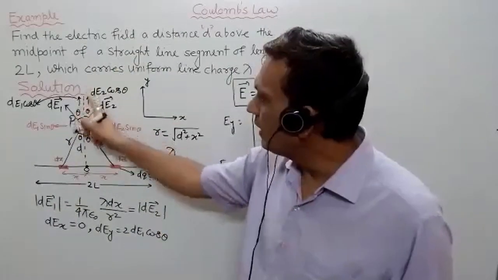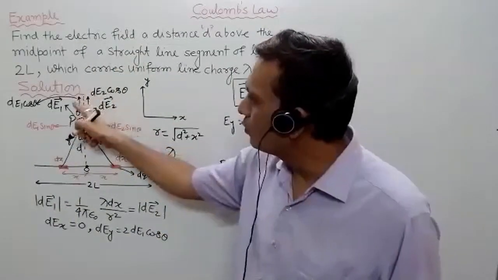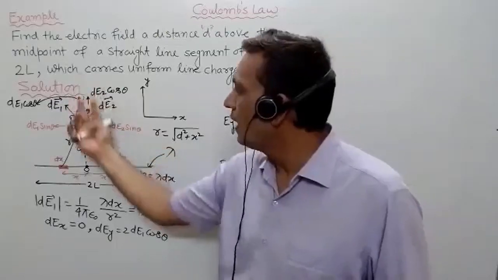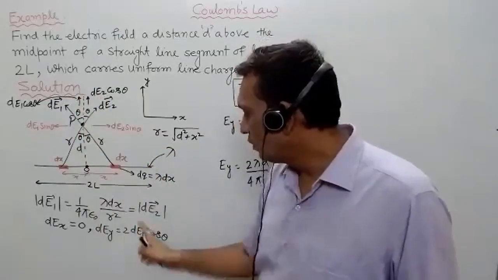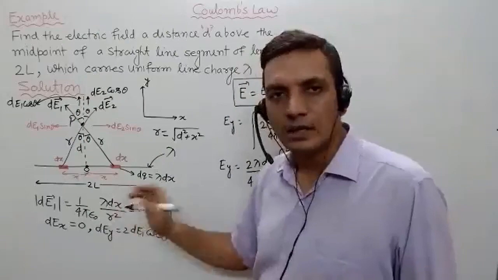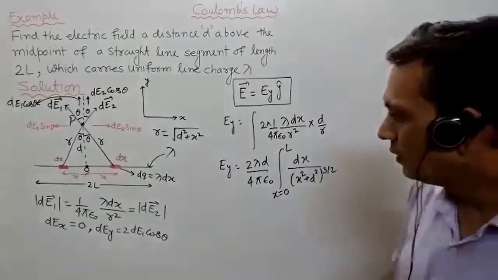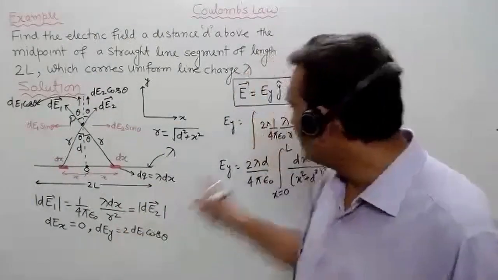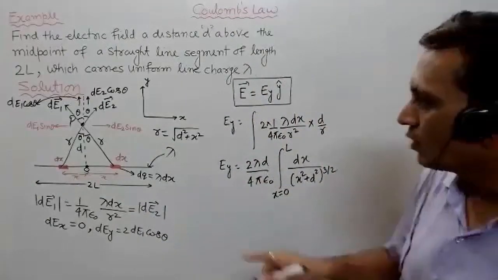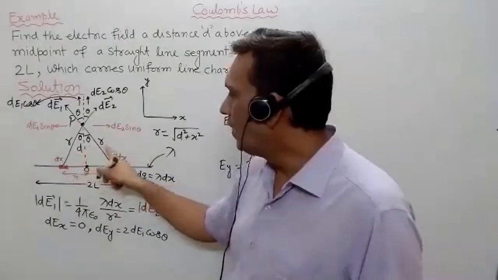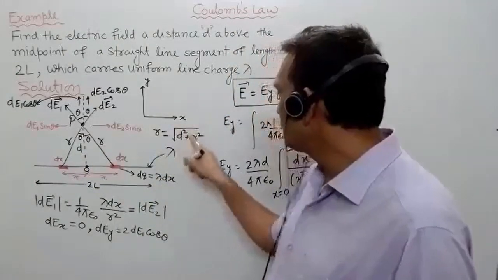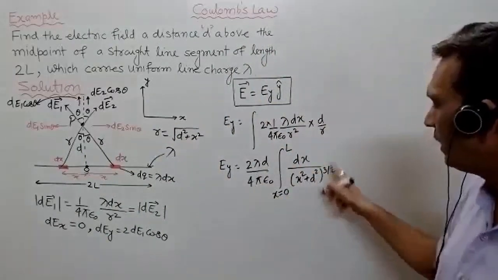You can see the resultant along y is dE1 cos theta, so along the y direction they will add up. That's why this is 2 dE1 cos theta. So Ey is the integral of 2 dE1 cos theta. Cos theta is d by small r, and r is root d square plus x square. Now you have to integrate this.